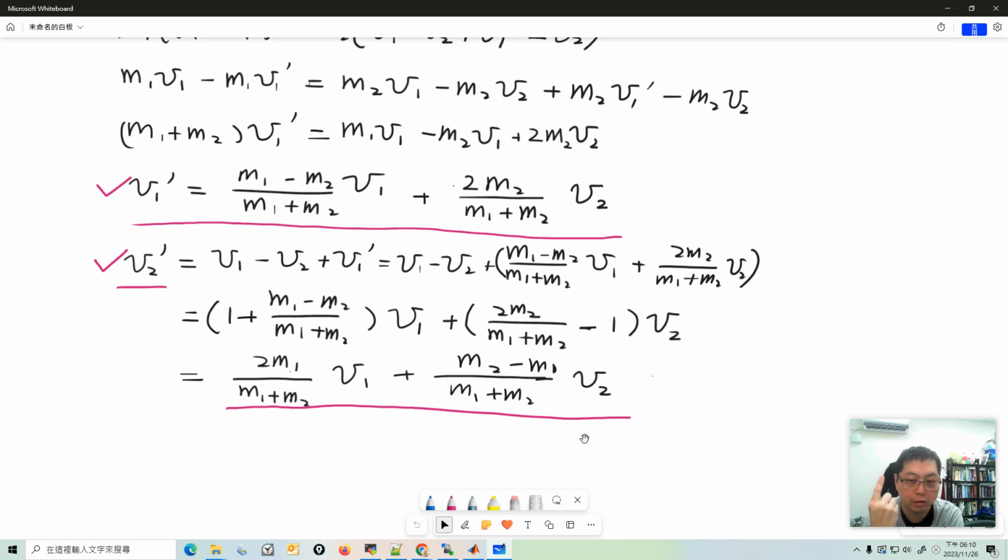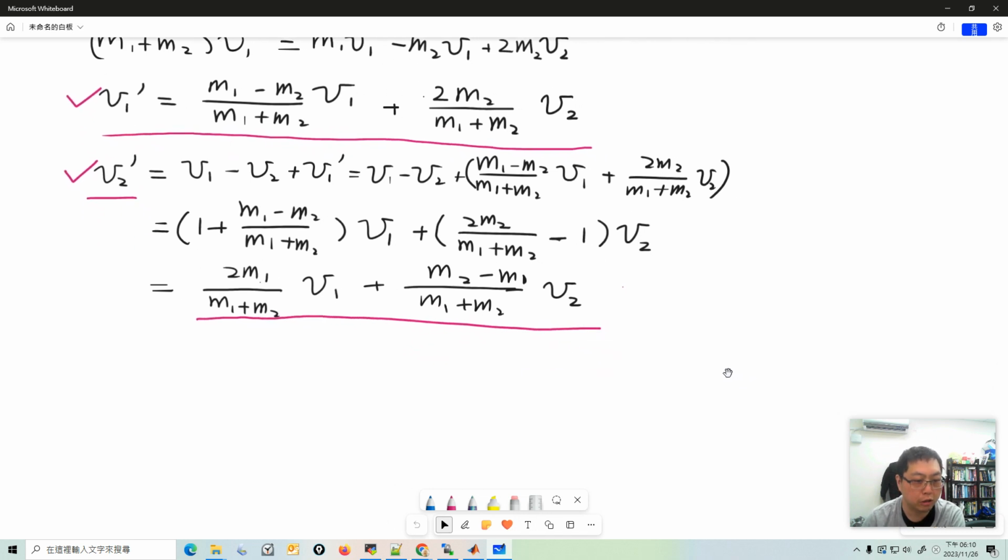In one, the masses of the objects are the same; in another, a light car hits a heavy car; and in the final one, a heavy car hits a light car. I want to show you that the experimental observation is the same as the equation we derived here.